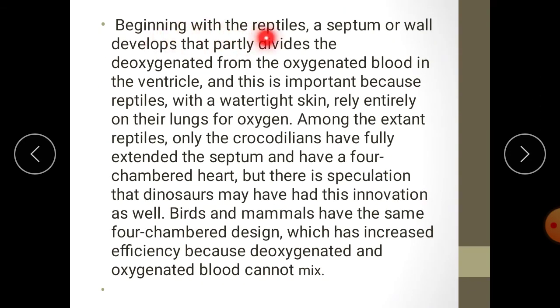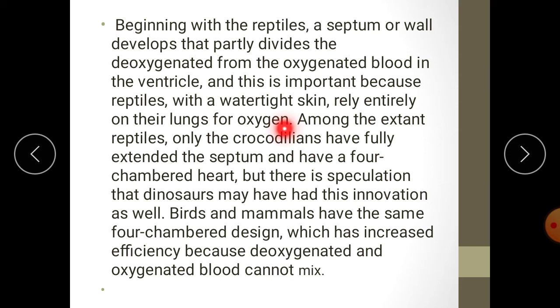So beginning with the reptiles, a septum or wall develops that partly divides the deoxygenated from the oxygenated blood in the ventricle, and this is important because reptiles with watertight skin rely entirely on their lungs for oxygen. They are not able to live in water.